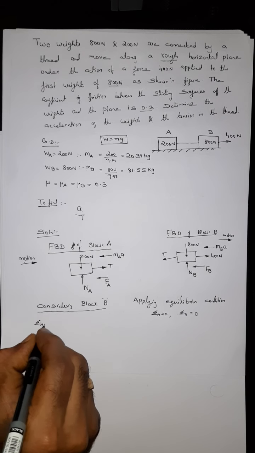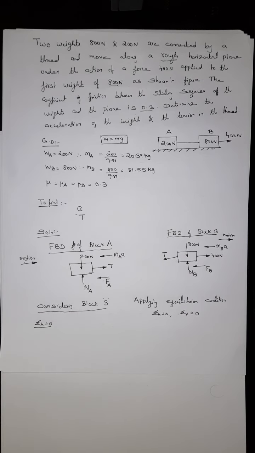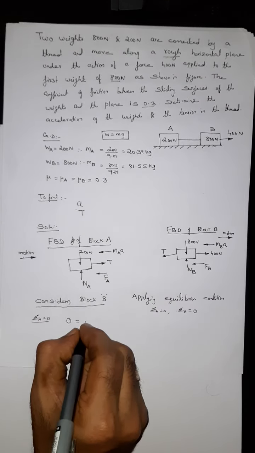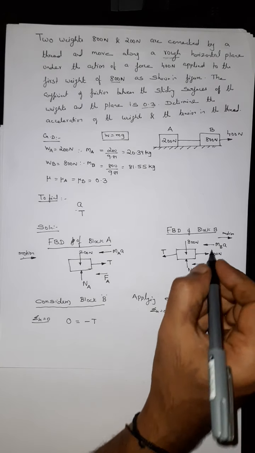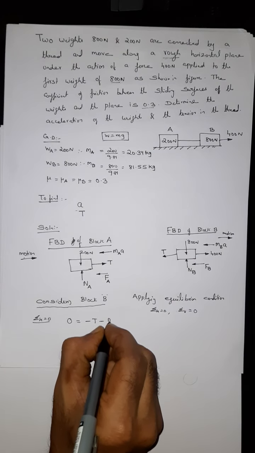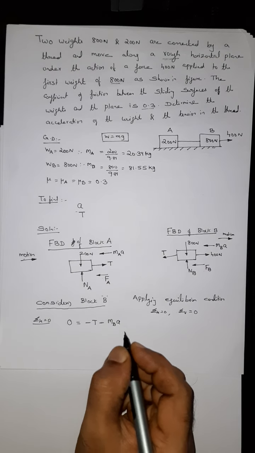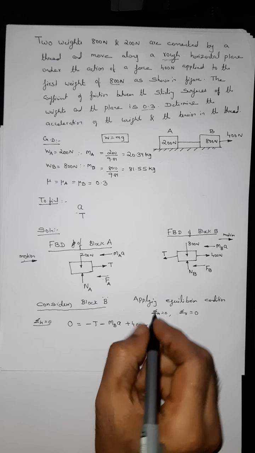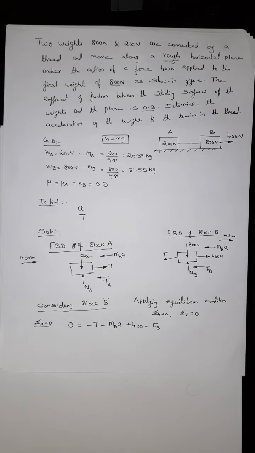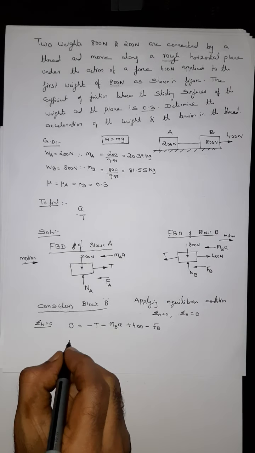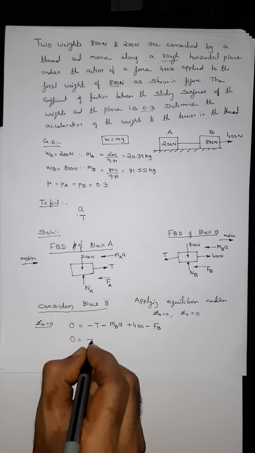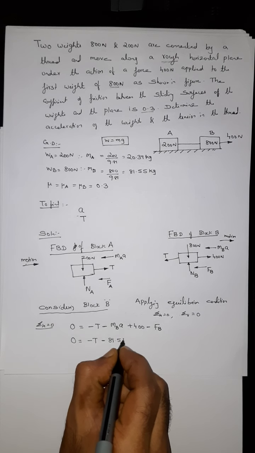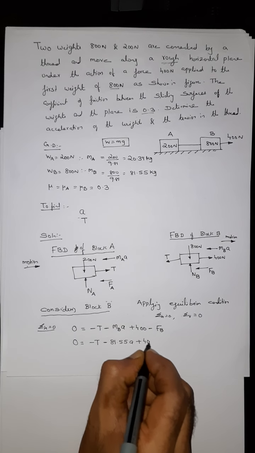Let me resolve the horizontal forces first. 0 equal to minus T, minus MB A, plus 400, then minus FB, right? 0 equal to minus T, MB is 81.55 A plus 400.